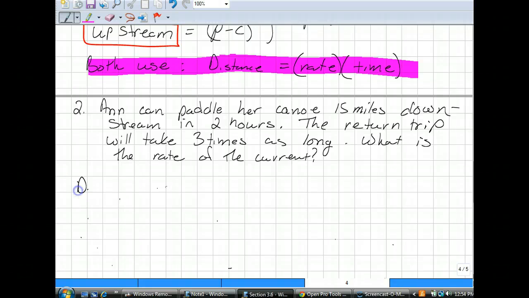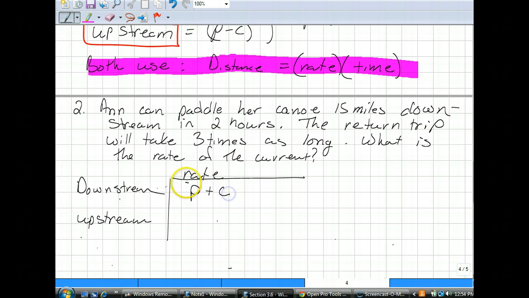So we have downstream and we have upstream. Okay? So first we want to represent the rate. Well, downstream she has the rate she's paddling plus the current. Upstream she has the rate she's paddling minus the current.